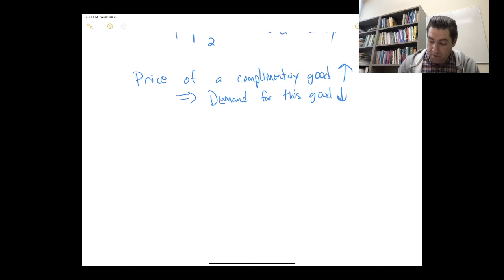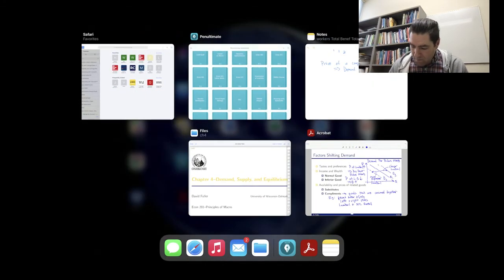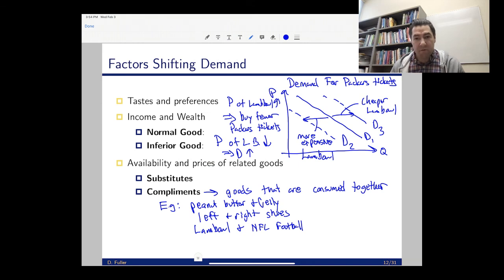When the price of a complementary good goes down, demand for this good is going to go up, right? So I consume them together. So when one gets more expensive, I buy less of it, and therefore I buy less of the complementary good as well.